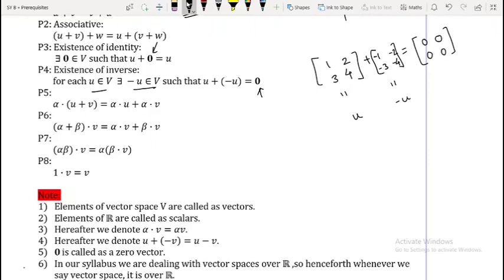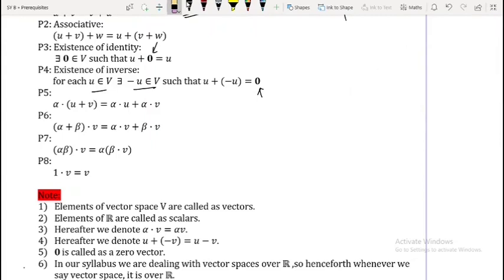Now the fifth property. So what is our fifth property saying? This alpha times u plus v should be equal to alpha u plus alpha v. Again I will explain this with the example. We'll take the help of the second example. Suppose I am having two matrices, 1, 2, 3, 4, the second one 5, 6, 7, 8.